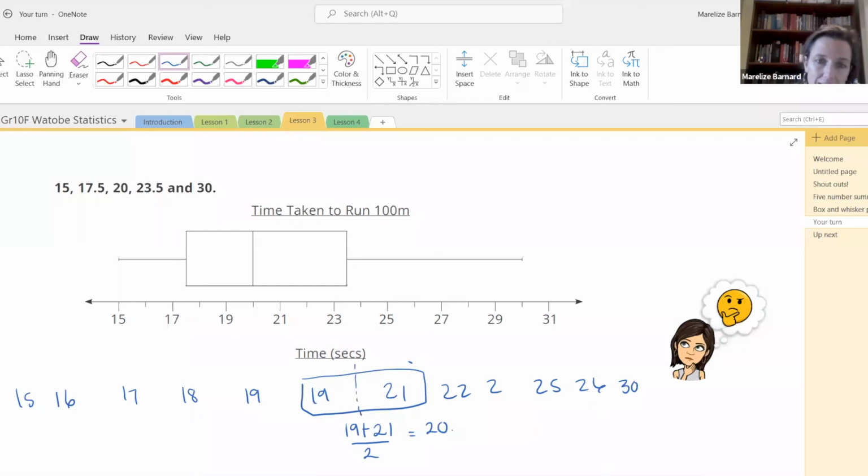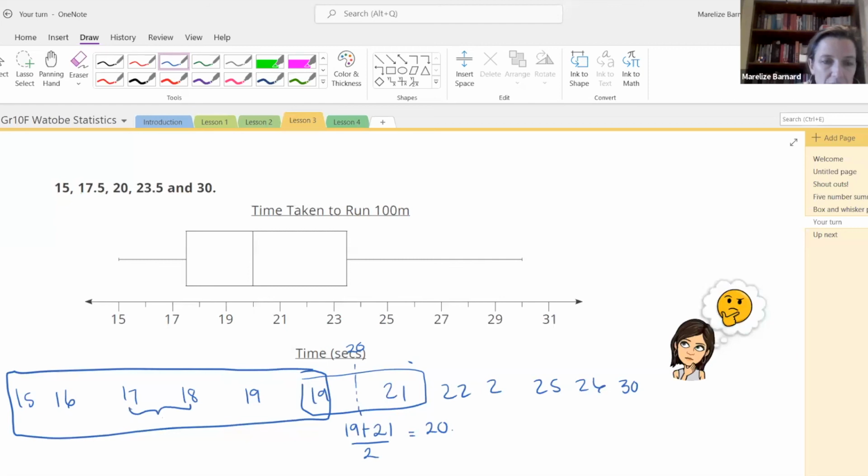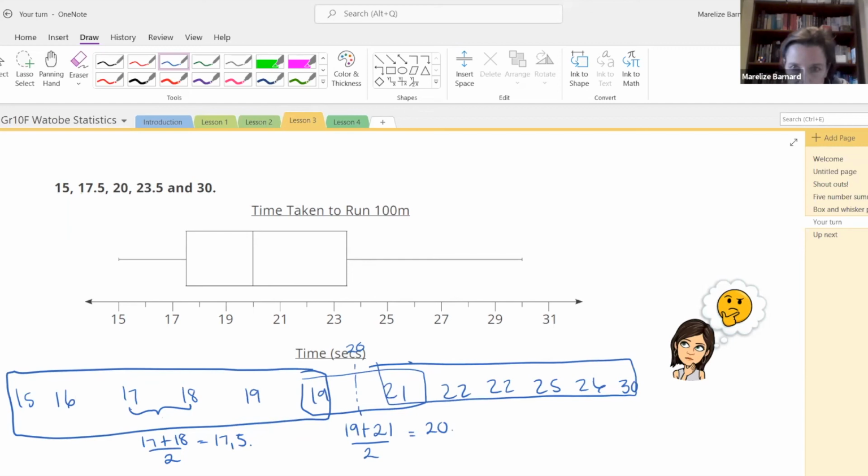Now 20 lies here. It's in the middle of 19 and 21. So your lower quartile ends up being these values here. So you have to average 17 and 18 to get 17.5, and then you do the same for the upper quartile. So you're going to average these two, 22 plus 25 over 2, and that gives you 23.5, and then 30 is the max.